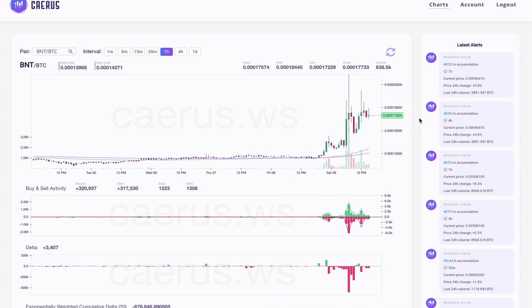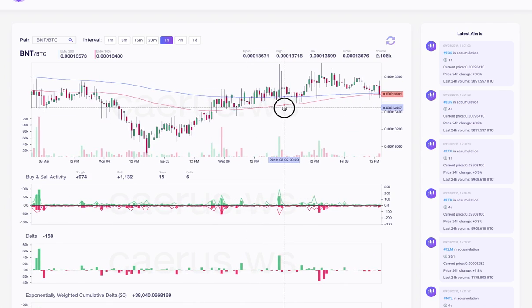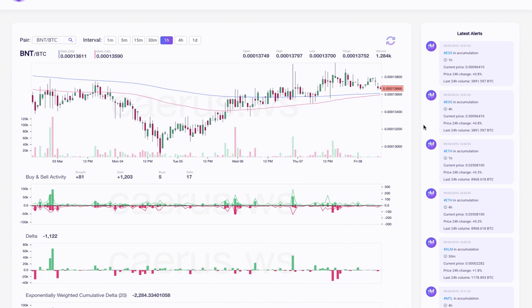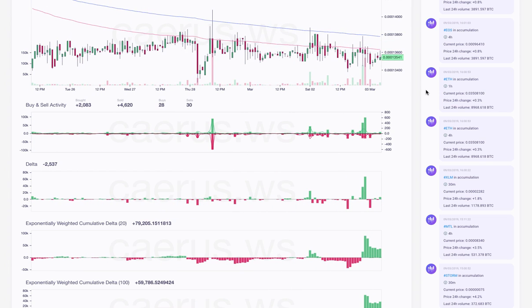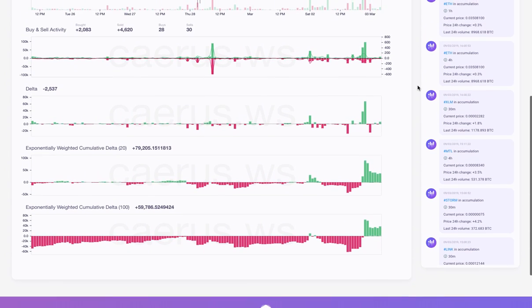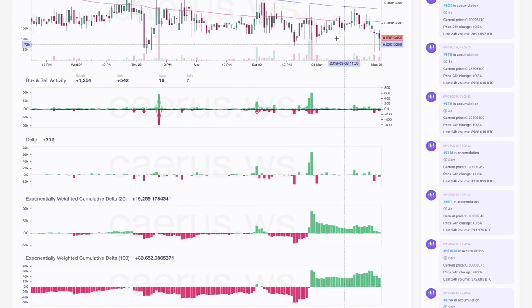So what we can see here, there's been some growth on this coin, but before this growth, what we could see is that all was red, like everything else in crypto, right? Until the beginning of March. And in the first days of March, something has changed.